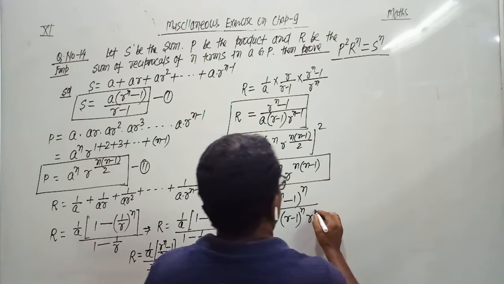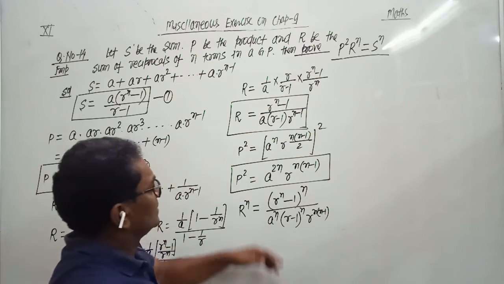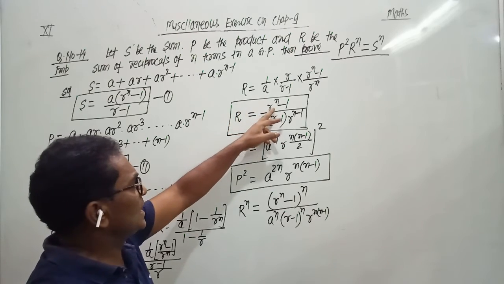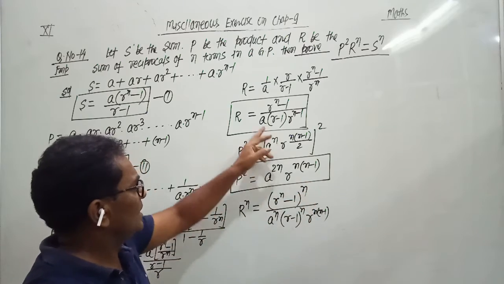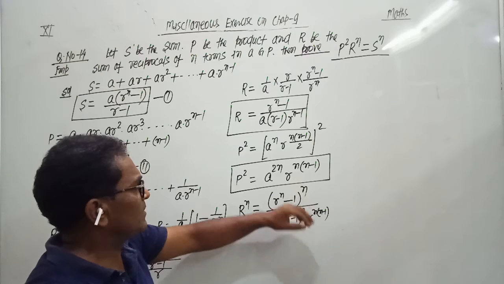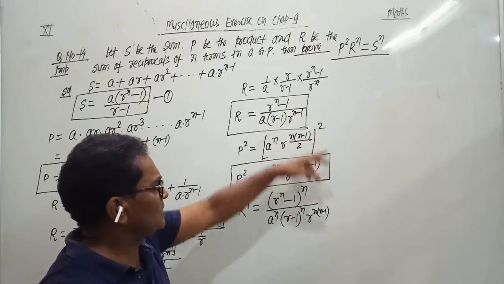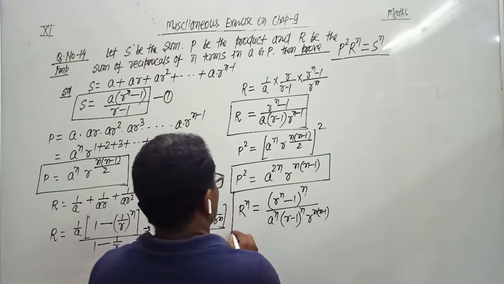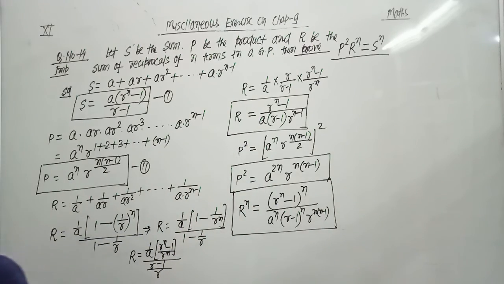So r raised to the power n equals to r raised to the power n minus 1 whole raised to the power n, then a raised to the power n, r minus 1 raised to the power n and r raised to the power n minus 1 raised to the power n. So powers are multiplied. So this is the value of r raised to the power n.